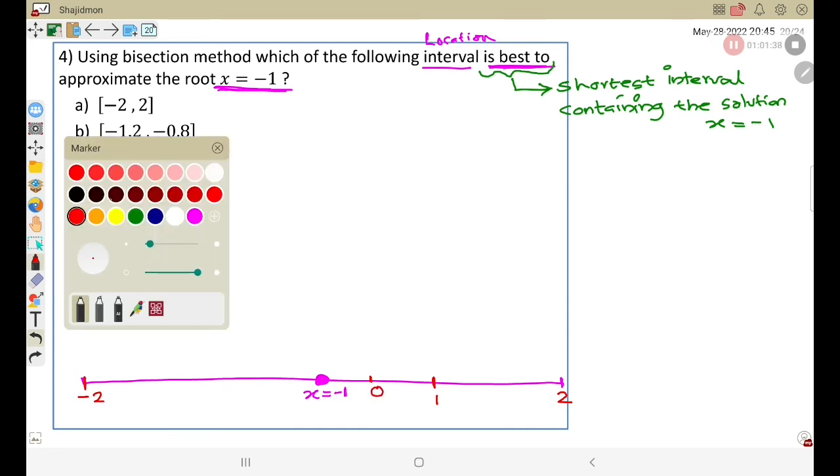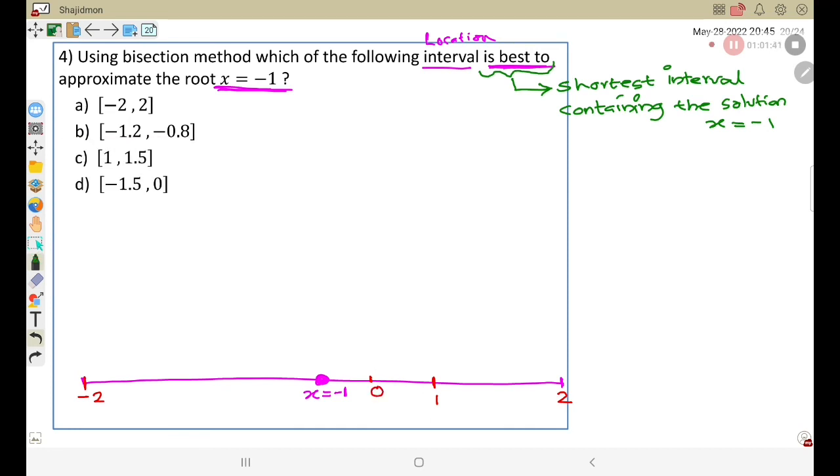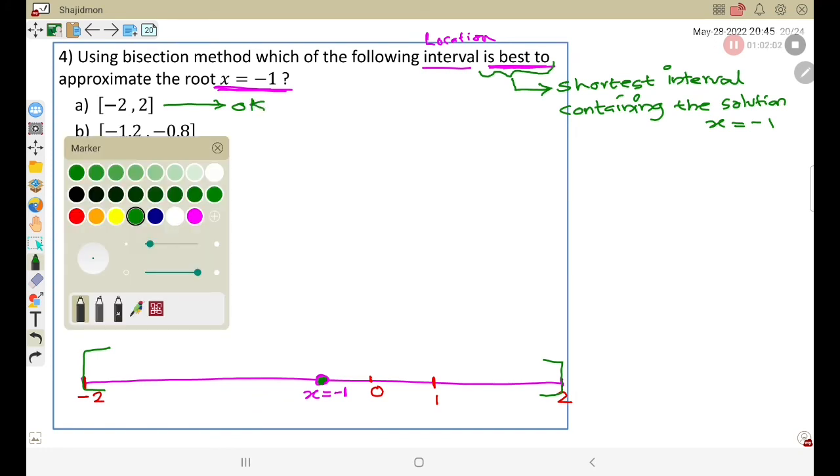Now, what is the first interval? Minus 2 to 2. This is minus 2, this is 2. Can we take this interval as input? Yes, no problem, because our answer is in between these two numbers. X equal to minus 1 comes in between minus 2 and 2, so this interval is okay. Now the second one, minus 1.2 to 0.8.